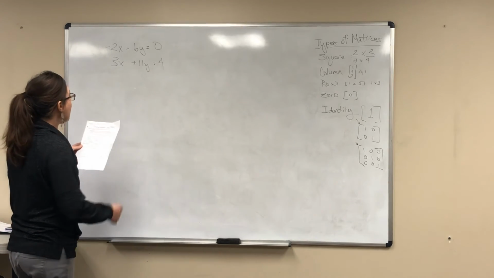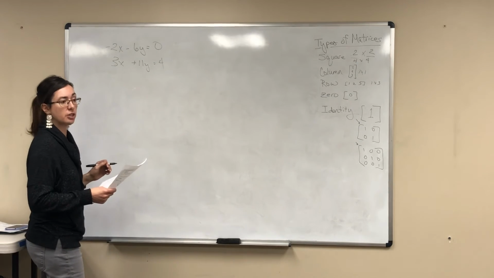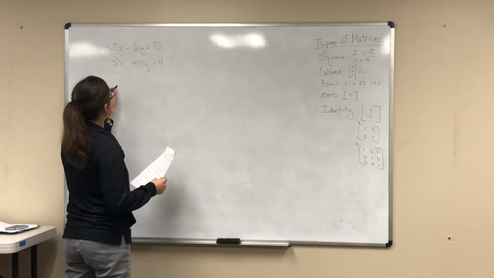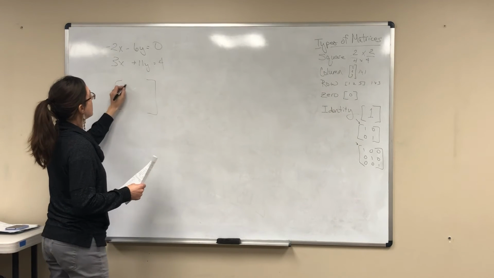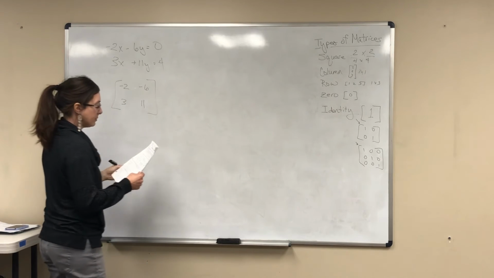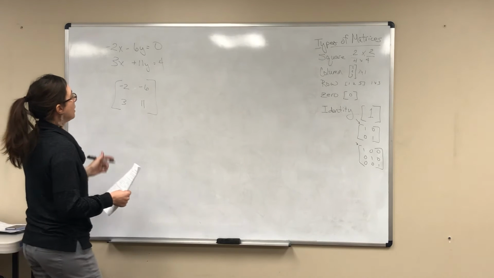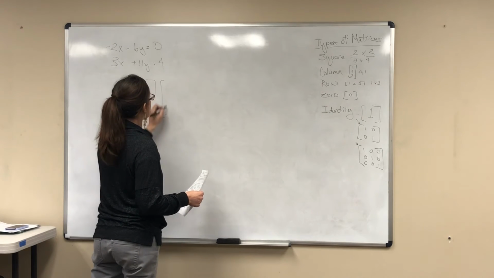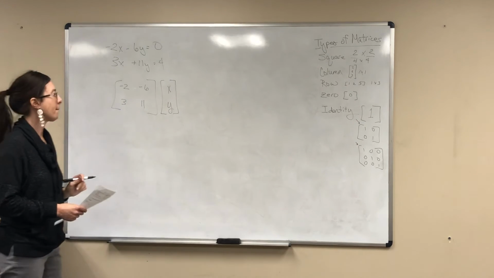To use it as a matrix, all we're going to deal with is the coefficients. So if we were to look at the coefficients, how would we rewrite them? Negative 2, negative 6, 3, and 11. You got that? Basically, we are taking those coefficients and multiplying them times x and y.